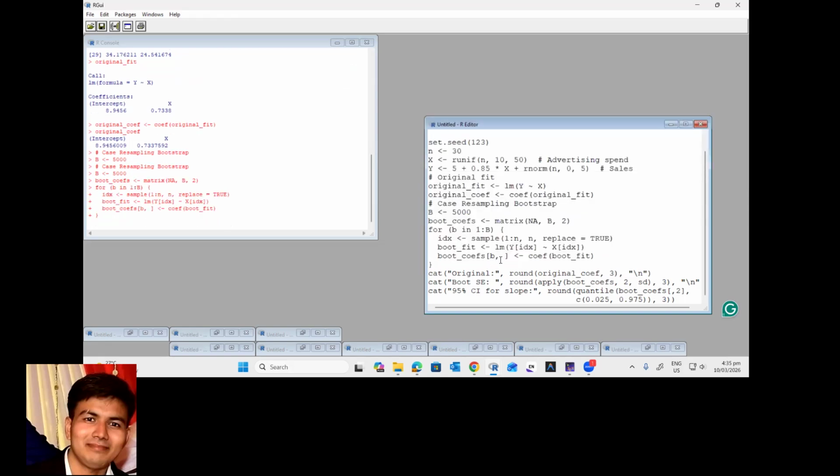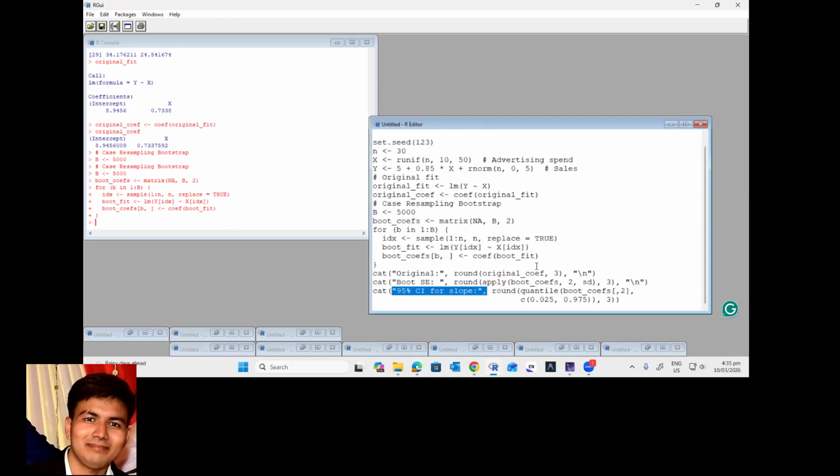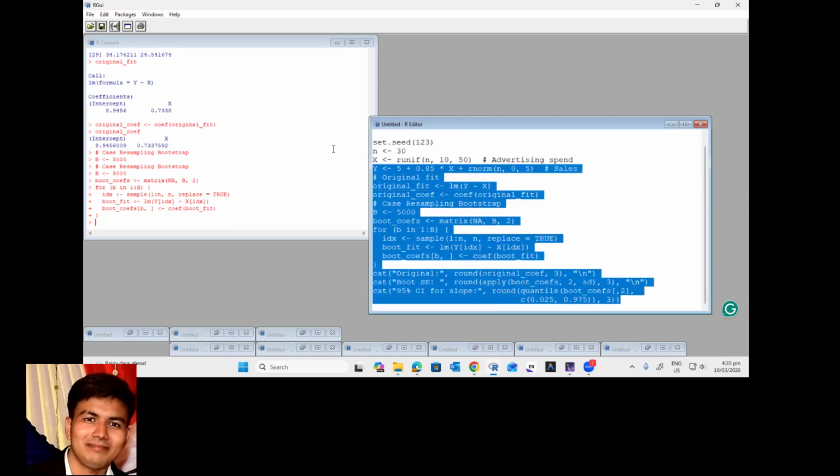Now here we call the original model, then the boot standard error, and after that the 95% quantile confidence interval of the model for the coefficients.